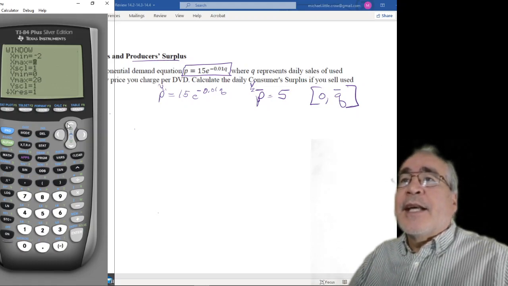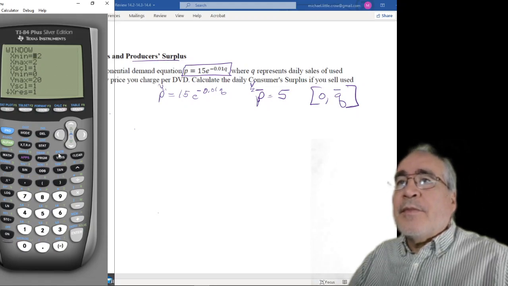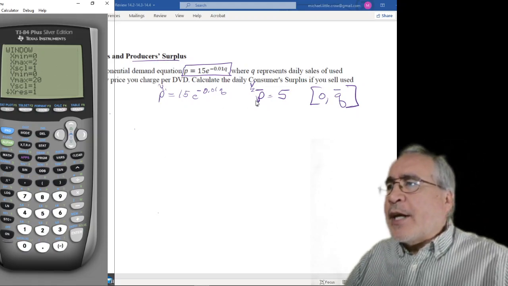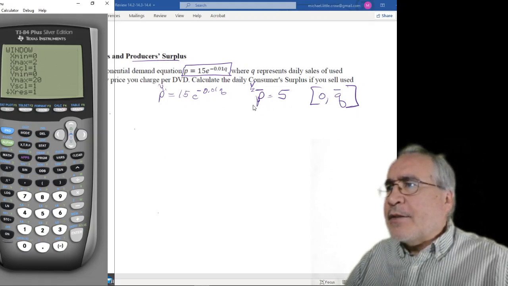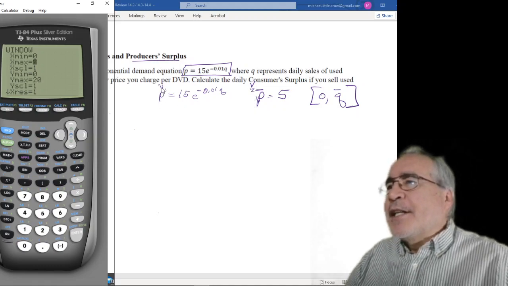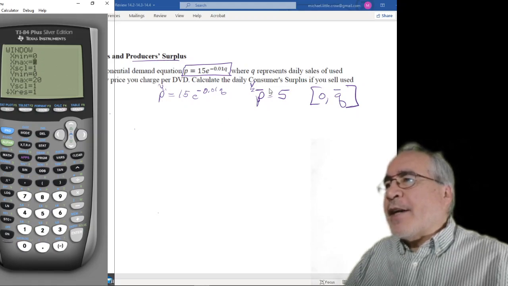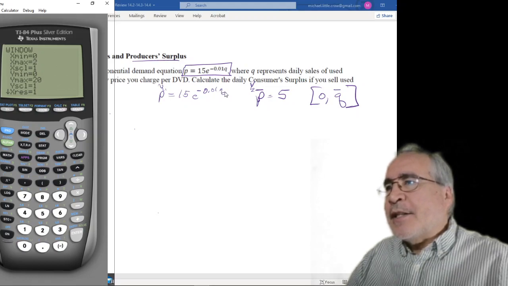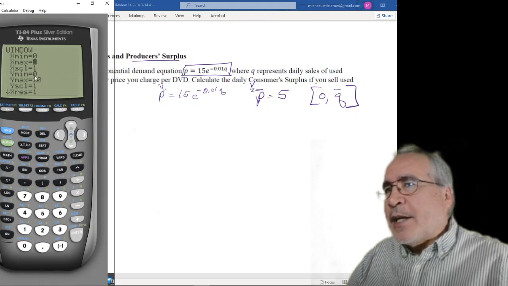And then our X's, again, we're usually safe that we're not going to charge less than $0. But what would the price be? Wait, these are our Y values, I've got to rethink this. P is our Y value. So we go down to 5. Maybe if I put in a 0 here at 0, that would give me 15. So I think we're okay with the Y's there.